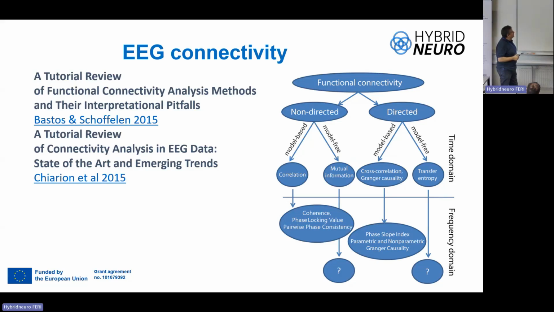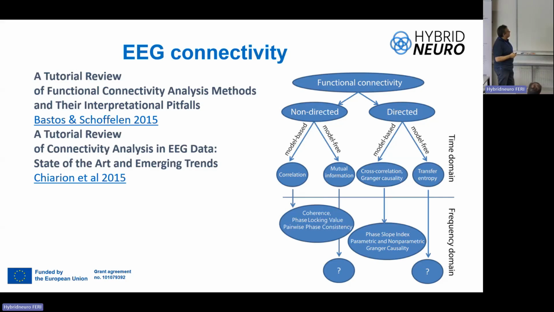Directed would be effective because the direction of the information is important or is considered. And non-directed is because you measure only the dependencies between two channels without considering any direction. For me, this is functional and this is effective connectivity. But in any case, this is the tutorial.